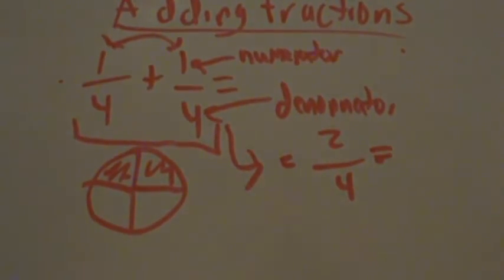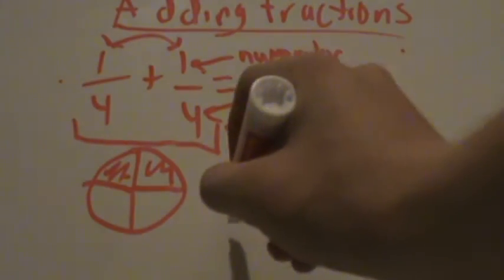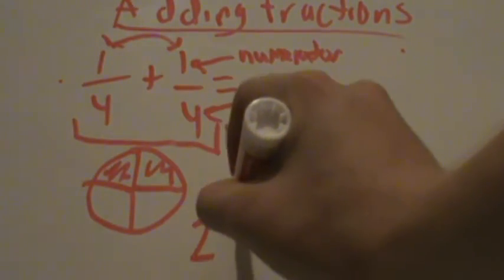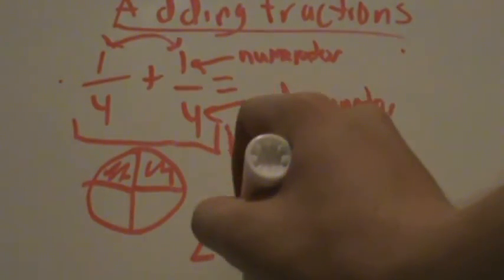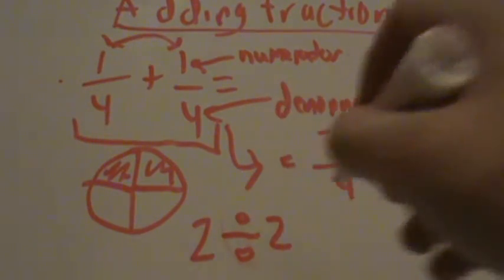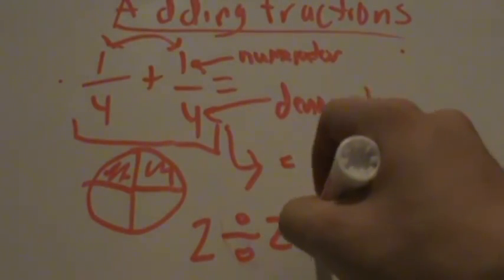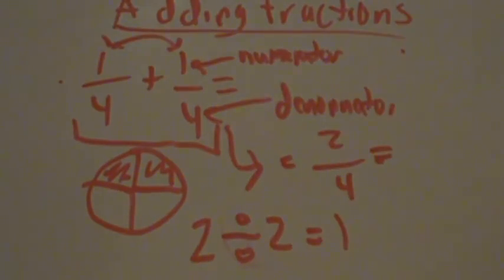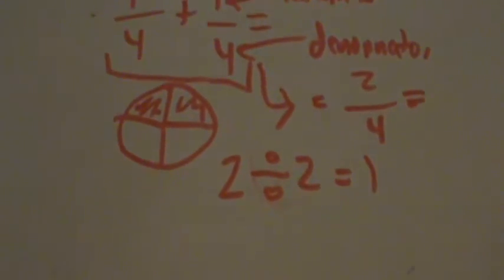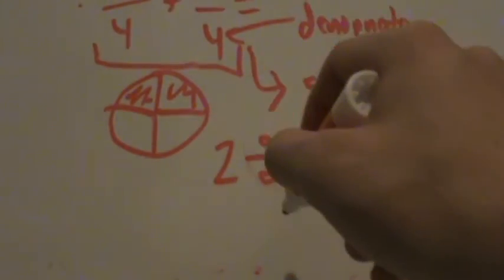So let's see, you know that these both share 2 in common, right? So if you write it out, the percent sign again, gosh. If you write it out, 2 divided by 2, you know that that's equal to 1, because how many groups of 2 are there in 2? You know that there is 1.